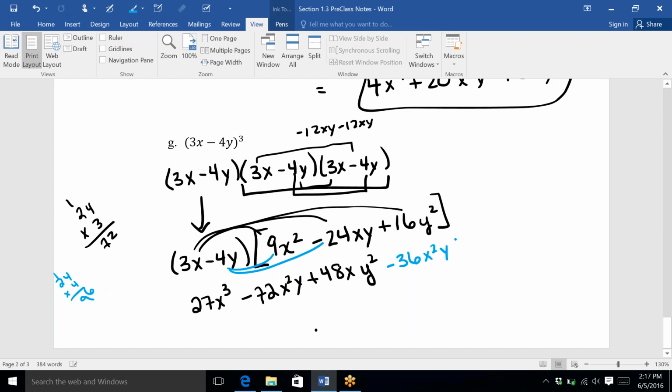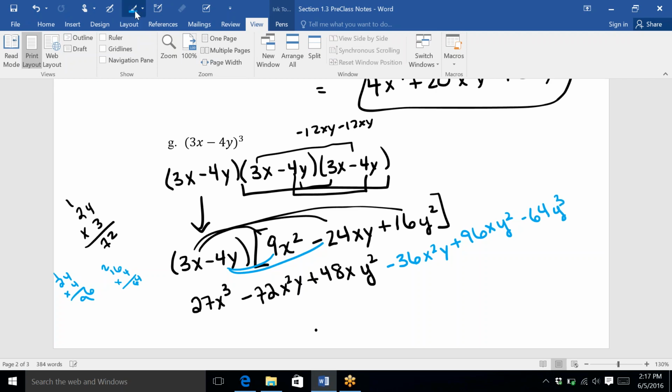That'd be positive 96 because it was negative times negative. And it is an x and then a y squared. And then 16 times 4, which is 64. So that's negative 64, and then we get a y times a y squared, which is y cubed.